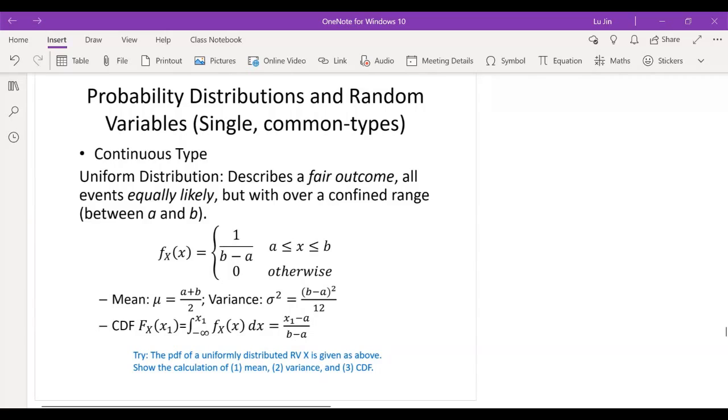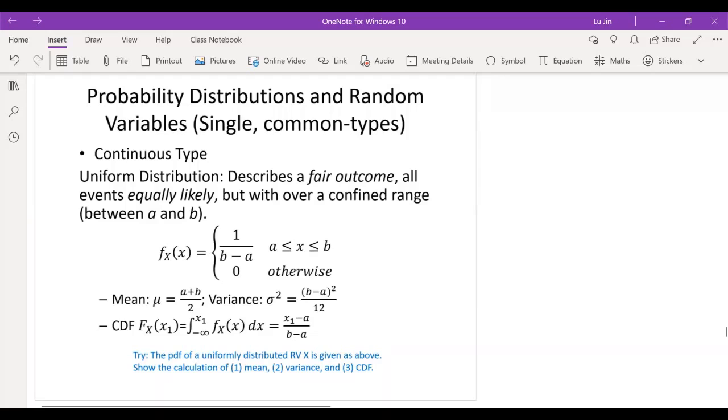Let's have a look at the feature of this type of random variable. First of all, the uniformly distributed random variable is one of the continuous type random variables, and its PDF, the probability density function, has a very special pattern.